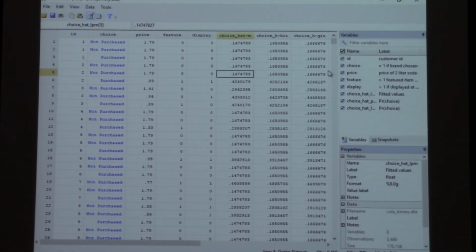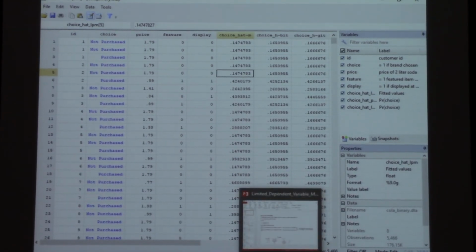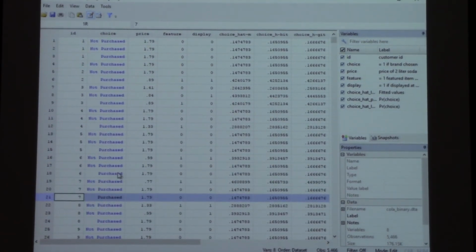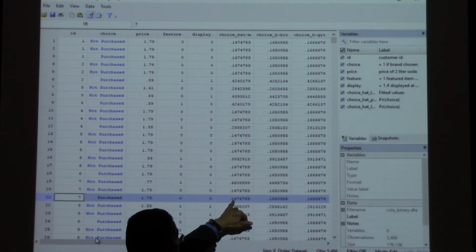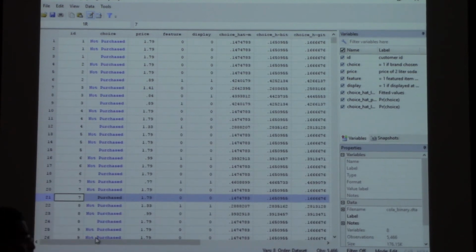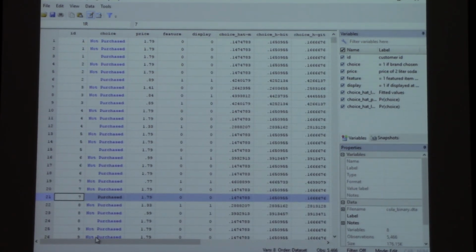When we do our test, let's make sure we're on the same page first. We looked at a purchase, and for this person that bought, the model predicted they only had a 14% probability to purchase in the linear probability model and about a 16% probability in the probit and the logit. What the hit rate does is take our probabilities and convert them back to zeros and ones, using that 0.5 criteria.